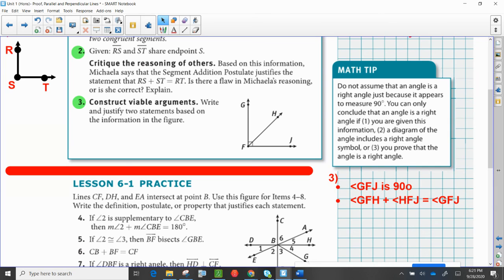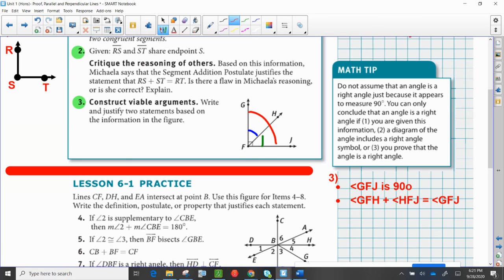I just said, since we see a little right angle square there, that must mean that GFJ is 90 degrees. And then I also used a little segment addition postulate, and I said if GFH is added to HFJ, then that has to be equal to the entire angle, GFJ.